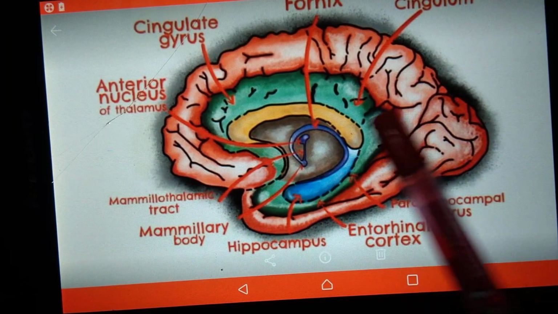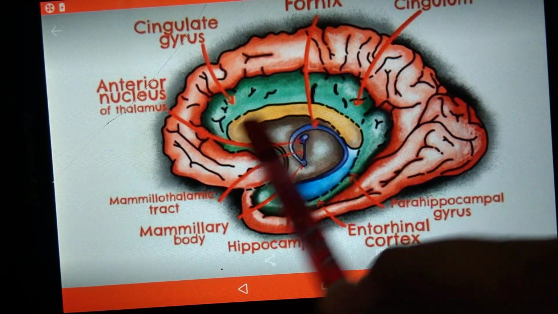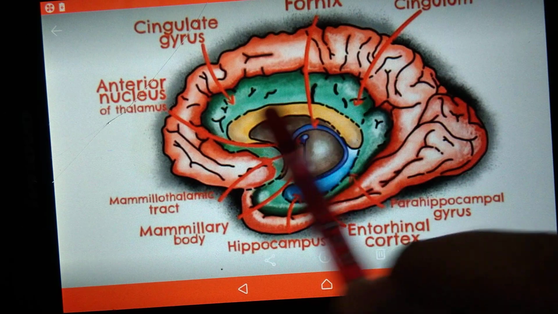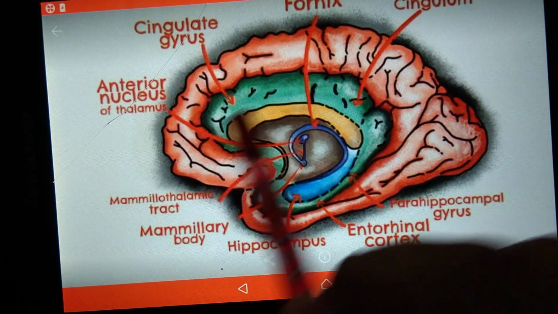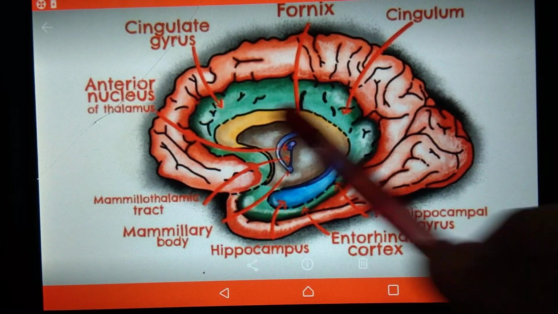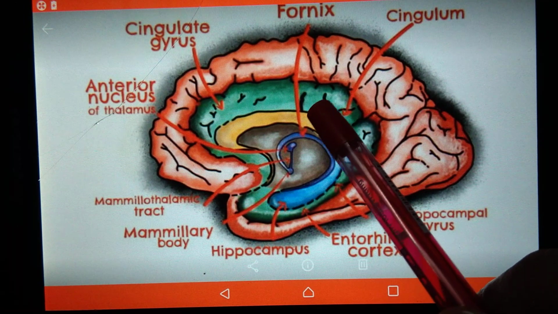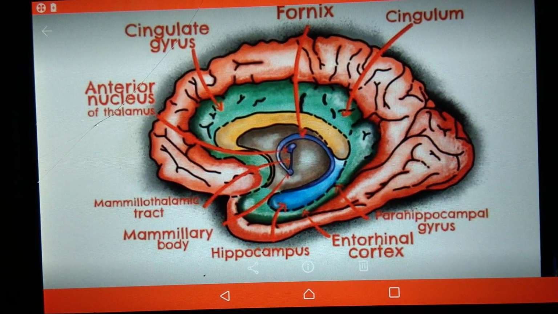Look, this is the fornix. Sorry, this is not the fornix. This is actually our corpus callosum, the white matter fibers. This corpus callosum actually connects the two cerebral hemispheres with each other.